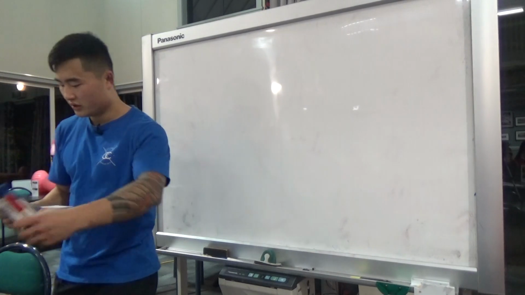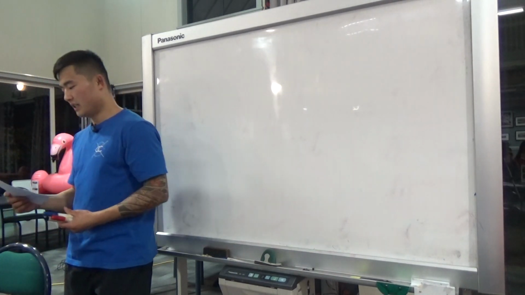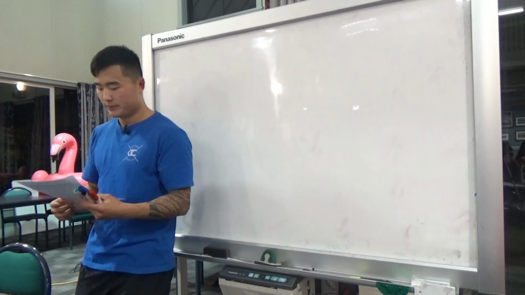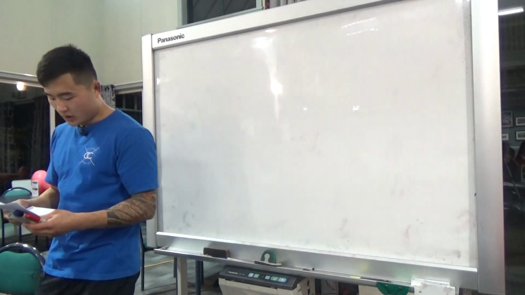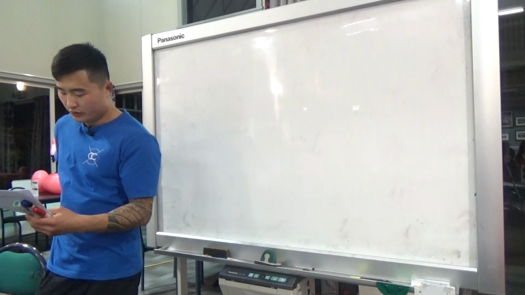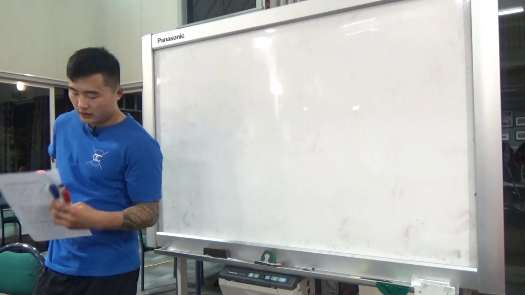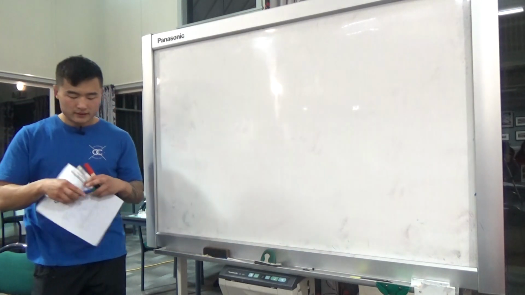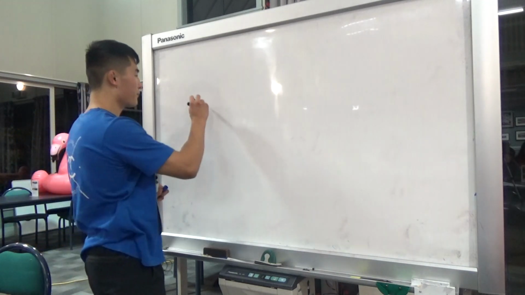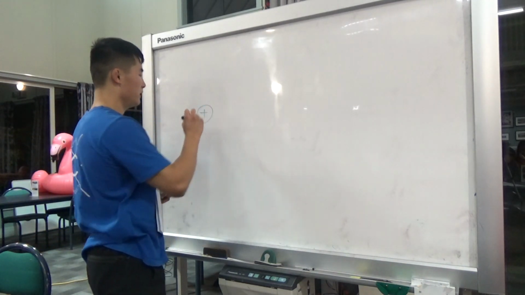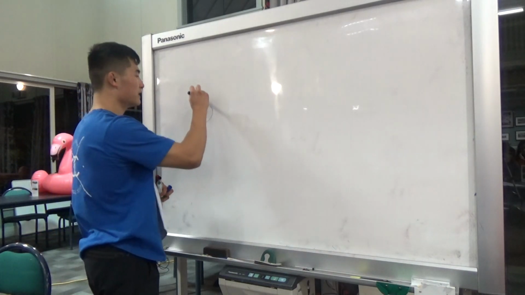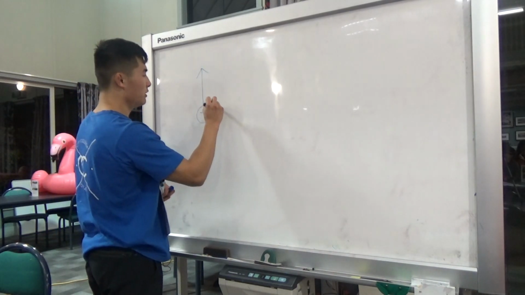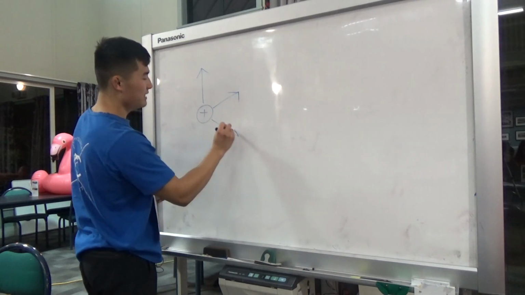Number two, the diagram below shows an electric field produced by three charges. We want to find out which statement is true. First of all, if you have a positive charge, the electric field lines are going to go outwards from your positive charge.